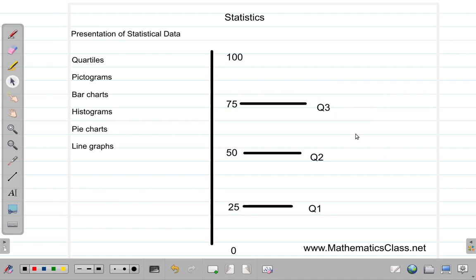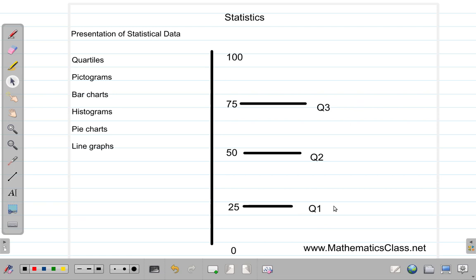Now these are called quartiles. Now remember, you have 4 different parts. 1, 2, 3, 4. When you talk about quarter, you're talking about 1/4. But you have 3 dividing lines here. Between the lowest and highest, 0 and 100, you have 3 dividing lines. You call this the first quartile, second quartile, and the third quartile.